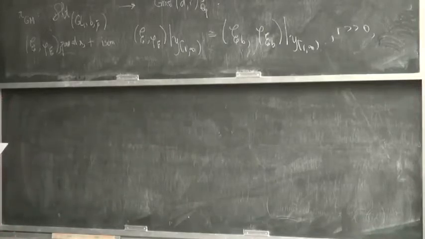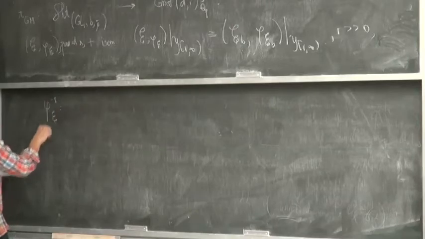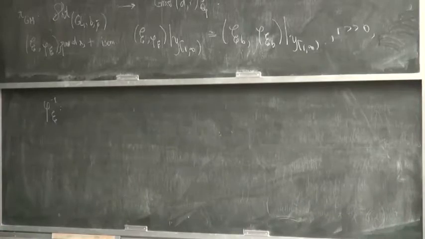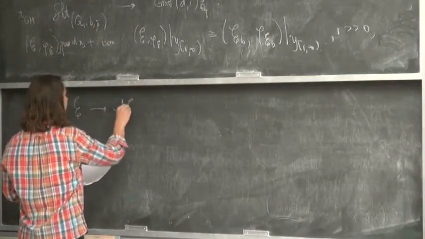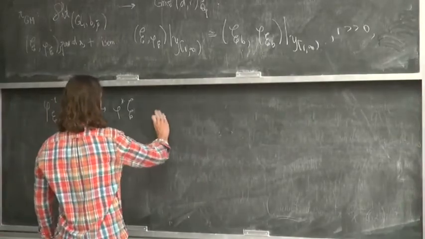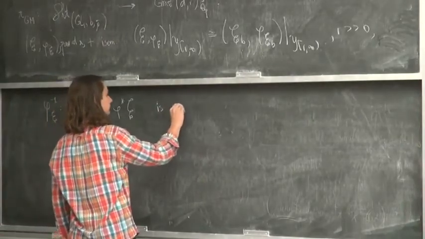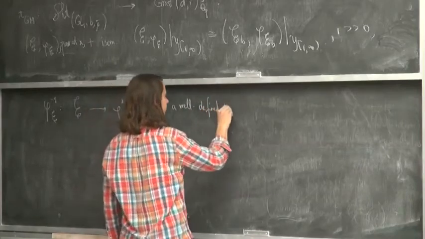So I think the way things should work out is that it may be the case that I did some sign errors in my normalizations. So if I look at the inverse of phi_E, then this is now a map in this direction, and this should be a well-defined map. Only its inverse has poles.